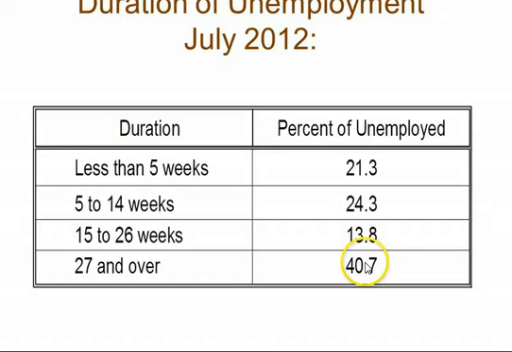Well, in 6 months, you're talking 24 weeks, right? And you're talking about 54% of the unemployed people who were unemployed beyond that. So that extension was needed, terribly needed.